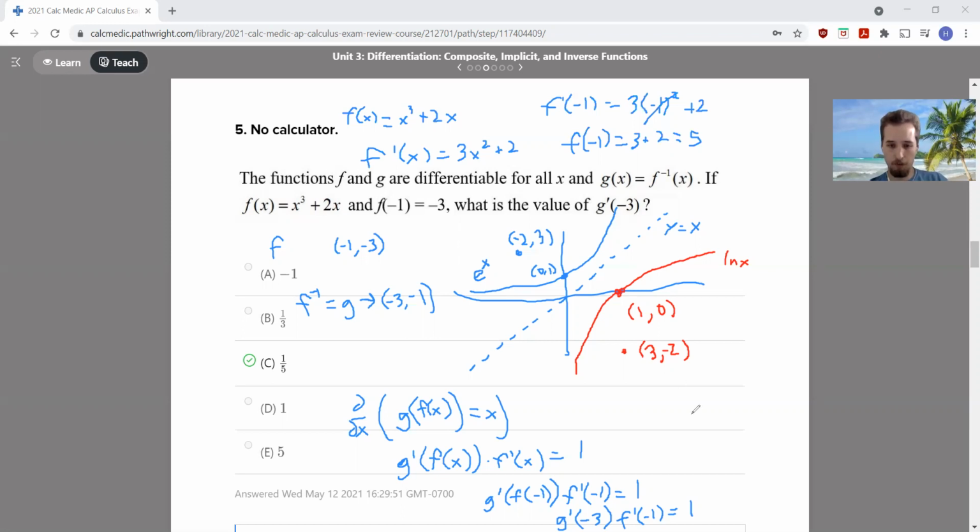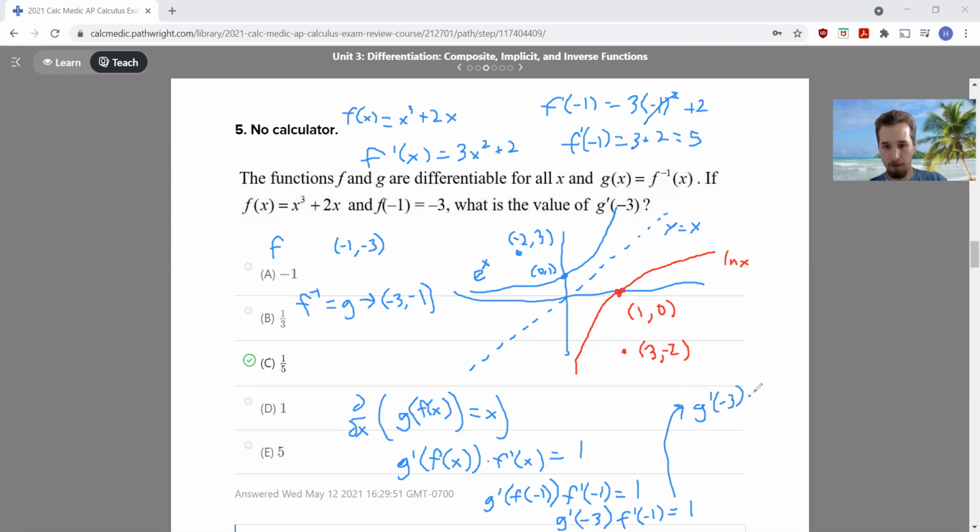Okay, so we plug this into here, and I'm just going to move this up here. g prime of -3 times f prime of -1, which I forgot to put a prime here, which is 5.